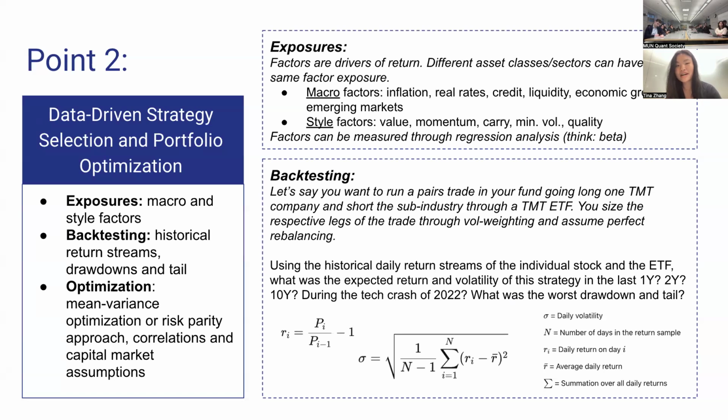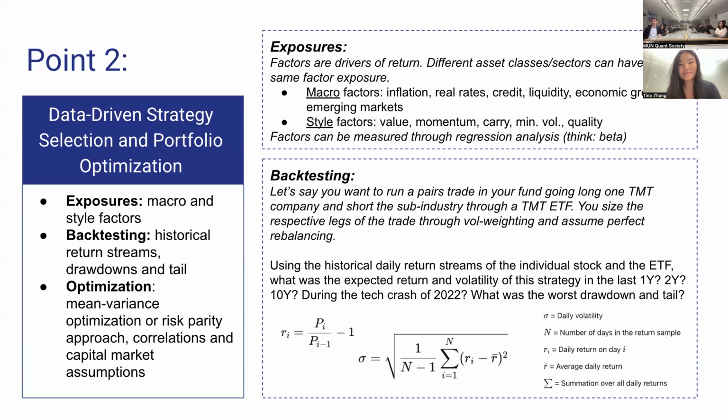On the macroeconomic side, these factors could be things like inflation, the real interest rate, credit, liquidity, GDP growth, or emerging markets. Even though two stocks might be in different sectors, or you're investing in a consumer stock but also an ETF of something else, they could both still have exposure to inflation. So when inflation goes up, those two assets you're holding are going to move in a related way. It's important to understand the underlying factor exposure.